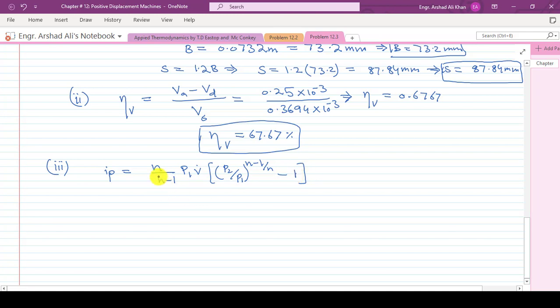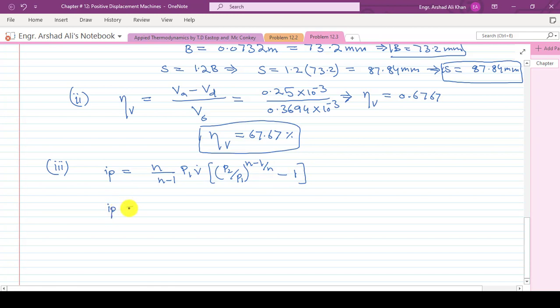We have the value of N, that is 1.3, P1 is 1.013 bar, V dot is 0.25 cubic meter per minute. So all values are known.